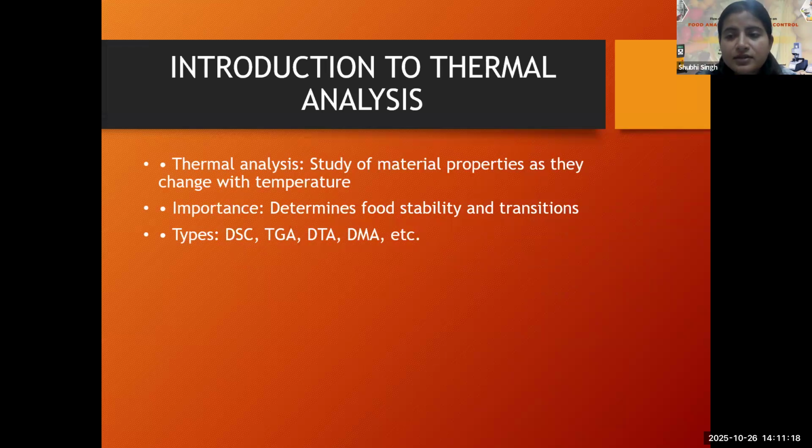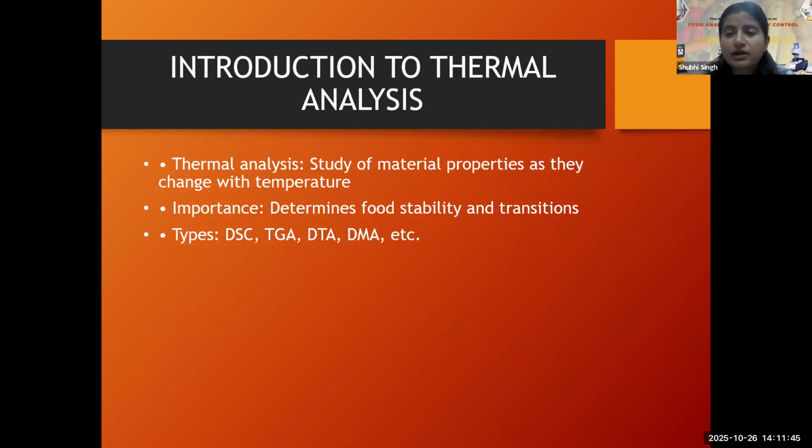DSC, or differential scanning calorimetry, is a thermal analysis technique used to study how food materials behave when they are heated or cooled. It helps us understand properties such as melting, crystallization, denaturation, and glass transition, all of which are very important for our food stability and quality.